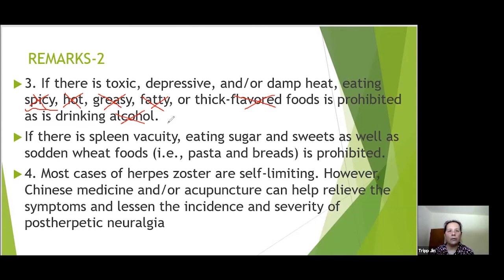So this illness is mainly a damp heat condition, and we need to be careful about some of the food we eat. If we eat this kind of food, it may make the symptoms worse. So during the illness attack, we truly need to be careful about the food we eat.